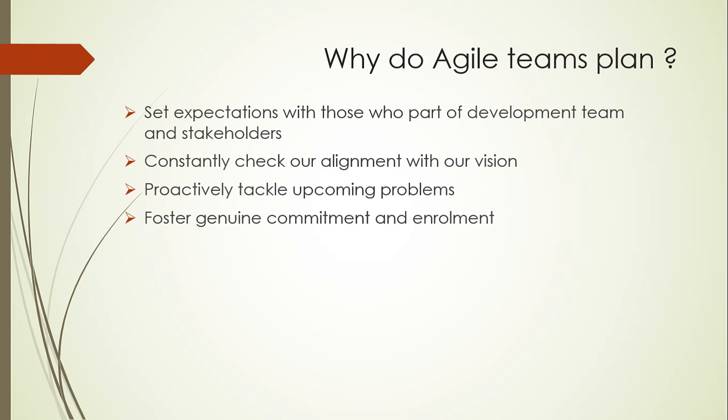Then the development team has to keep in mind that the product increment produced by the end of the sprint should be aligned towards the product vision or the product roadmap.